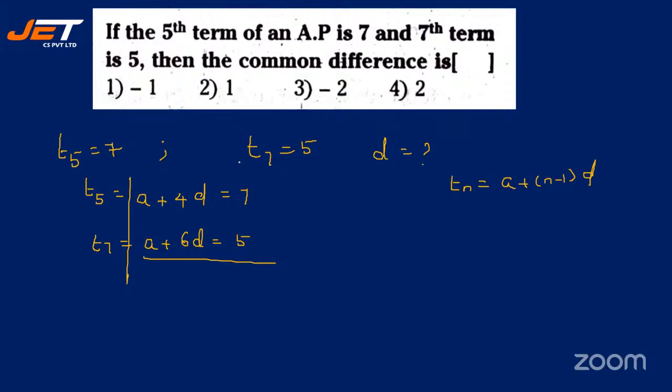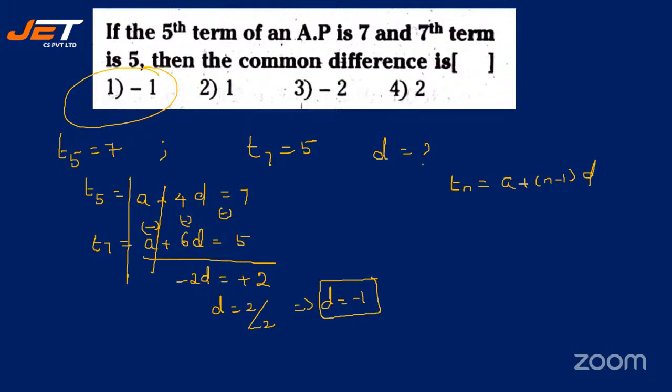So you can easily solve it and find the value of D. Just change the sign. You get 6 minus 4 is minus 2D is equal to 7 minus 5 is 2. Okay. So D is equal to 2 by minus 2, which is D is equal to minus 1. So your answer must be option 1. If you had opted for option 1, then your answer is correct.